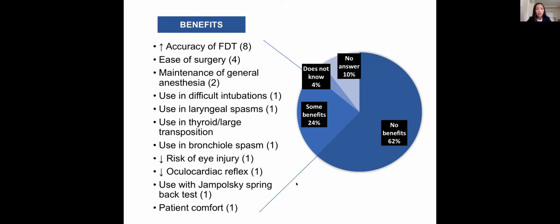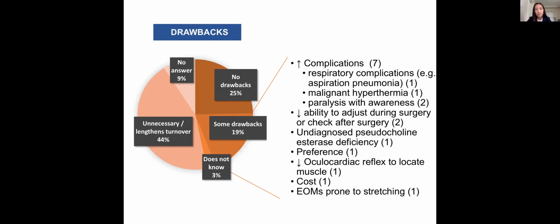Notably, decreased oculocardiac reflex is also listed. 34 respondents thought MRs prolonged surgery time or resulted in a longer recovery from anesthesia, and 19% noted other drawbacks such as increased risk of complications, decreased ability to adjust during surgery, or check results directly after. Interestingly, the oculocardiac reflex was listed as both a benefit as well as a drawback.